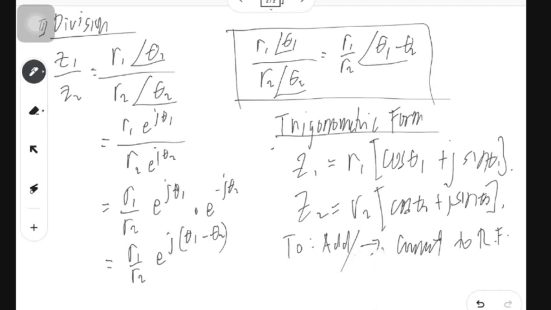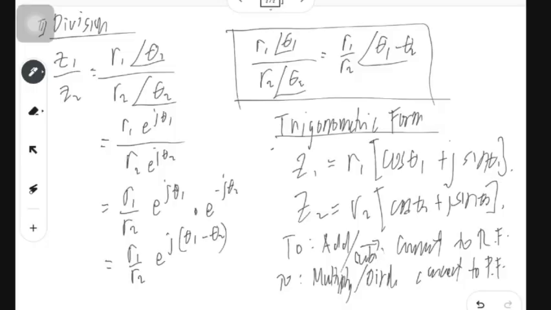Then, to multiply or divide, you have to convert what? Convert to polar form for convenience.